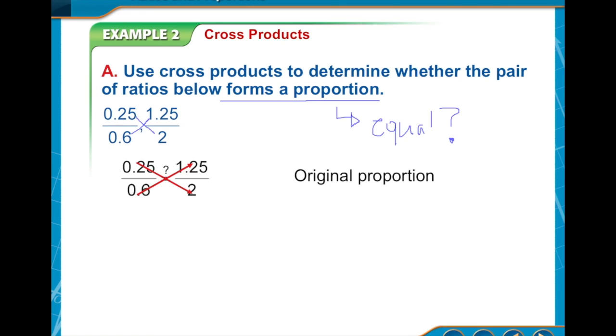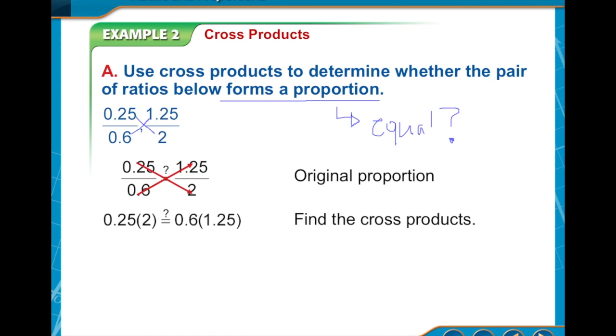So notice the arrows. From the top left, we go down across, we multiply. From the bottom left, we go up and across, we multiply. And we'll see if those two products are equal. So 0.25 times 2, we multiplied across, we set them equal, we get these two numbers. Those are going to be our cross products.